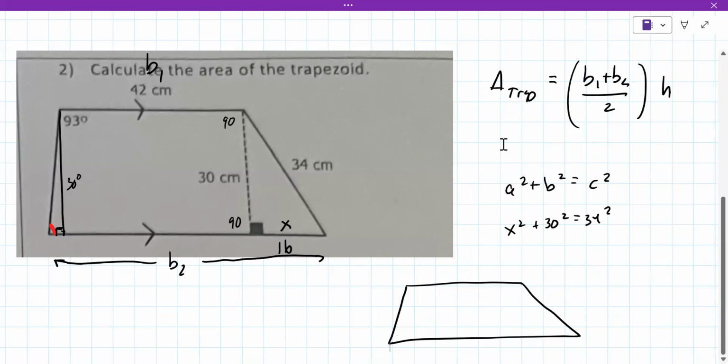I'm struggling here because I'm trying to figure out one of the lengths here. It is 42, but we need this part and then we need this little part here, if you drop this straight down. Okay, I now see what they had in mind here.